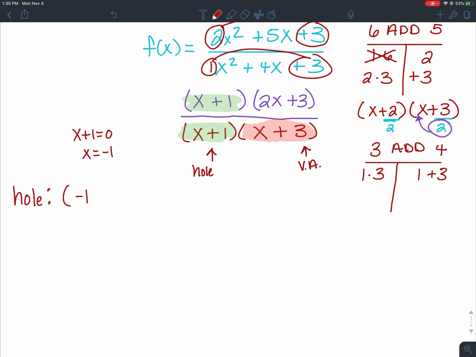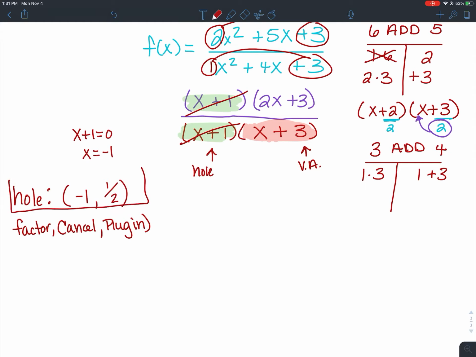So to get the y value, you have to factor, oh, we already did that. Then you have to cancel, and then whatever's left over, you plug in. That sounds a lot like limits, my friends. I factored, I canceled, and now I'm going to plug in -1. -1 on the top gives me 1. -1 on the bottom gives me 2, so 1/2. There's my hole.